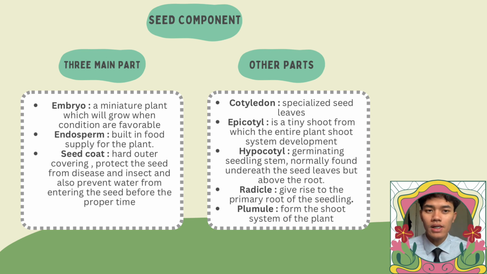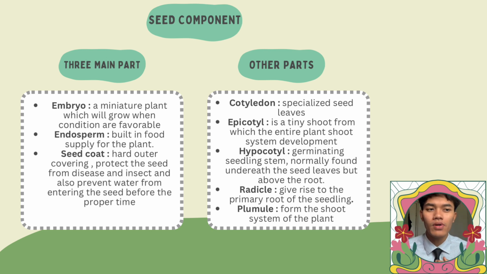Next, we go to the other parts in the seed component. First, we have cotyledon, a specialized seed leaf. Next is epicotyl, a tiny shoot from which the entire plant shoot system develops.